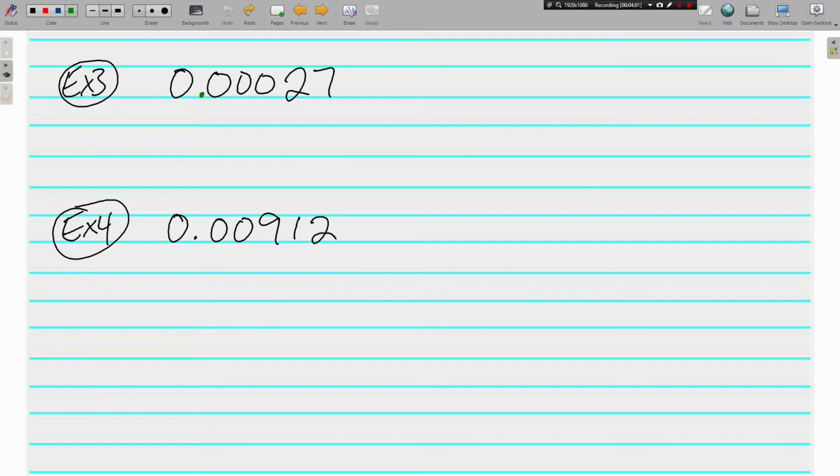With this decimal point, we still have to make a number that's at least 1 but less than 10, but this time we're going to be moving the decimal to the right. 2.7 times 10 to the, how many times did we move it? 1, 2, 3, 4, but hang on, it's not 10 to the 4th.